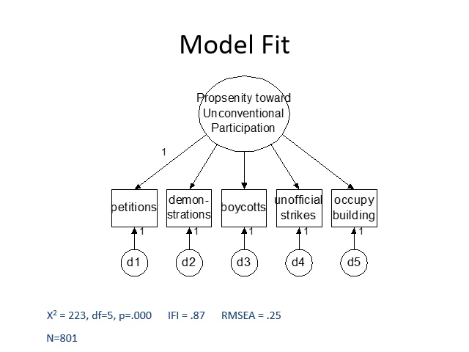The RMSEA is not 0.05. The fit index is below 0.95. So what this is telling us is there are interrelationships here that are not being captured by this model.